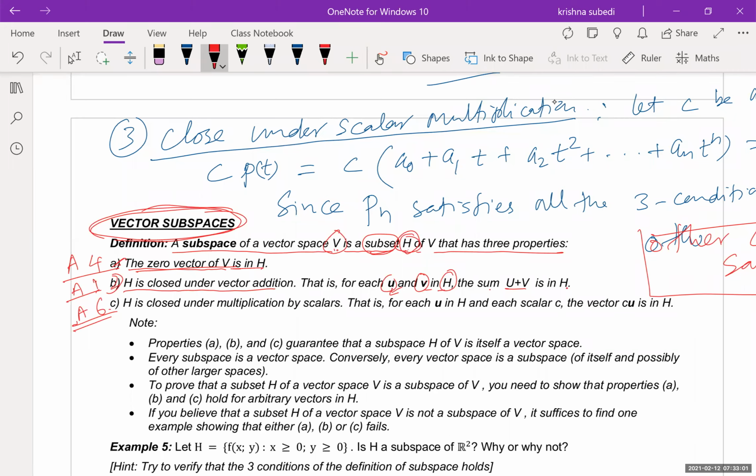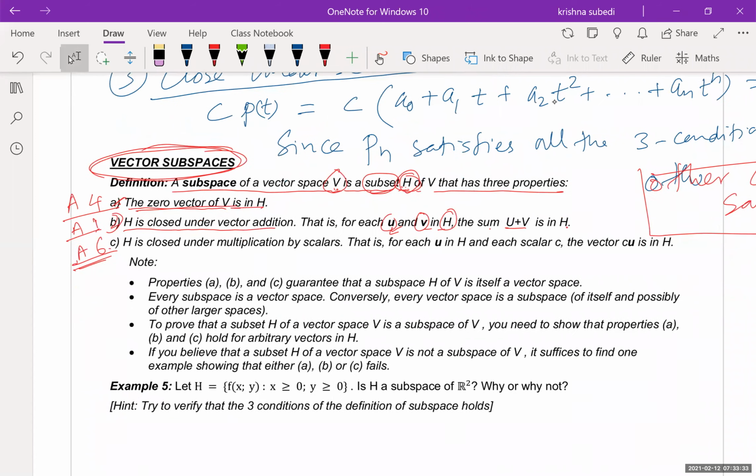H is taken out of V. So if H satisfies those three conditions, then this is called a subspace. And that's the reason why we used those three conditions earlier. And if it is a subspace, then it is automatically a vector space by itself. Any subspace itself is a vector space.